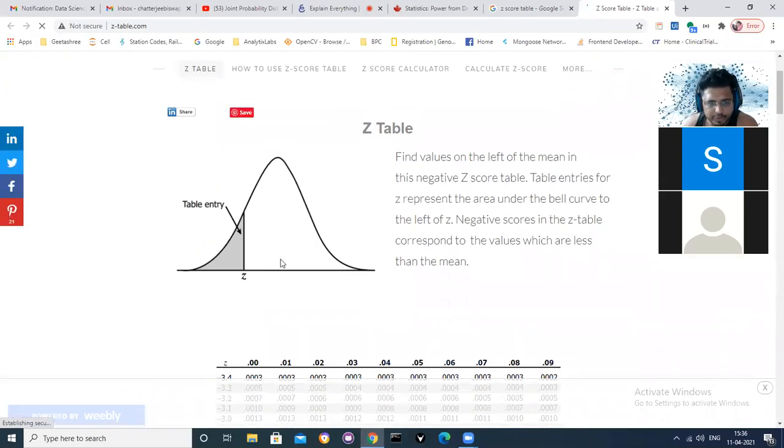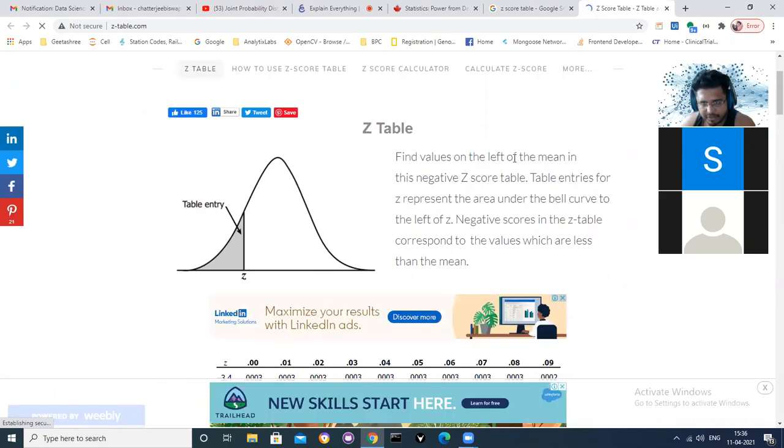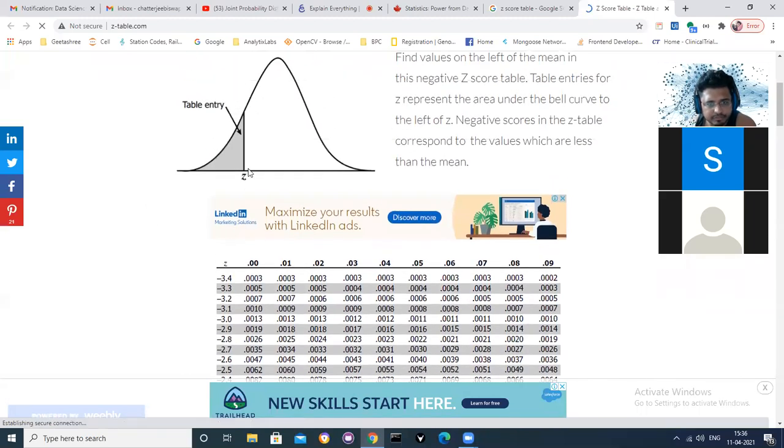You see, this is a normal distribution. Find the values on the left of the mean in this negative Z-score table. Z values of 0.0, 0.01, 0.02, 0.03, like this. There are many values.